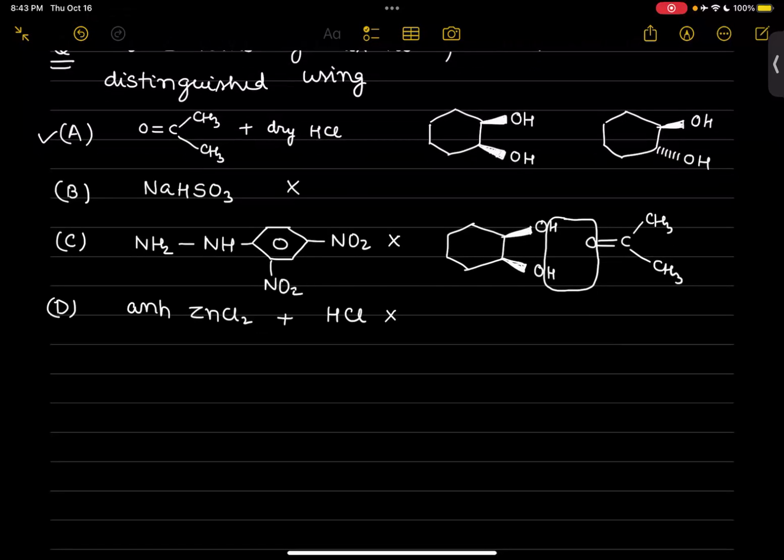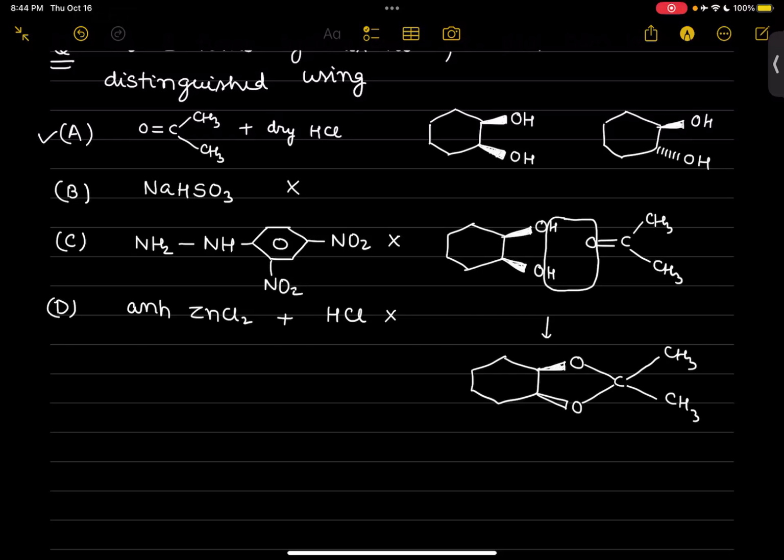If it is a ketone, you have a ketal. If it is an aldehyde, it will be called an acetal. So this is going to be a ketal. One more thing we need to notice is that this is a cyclic ketal. Getting my point? Yes, sir. So this is the cyclic ketal.